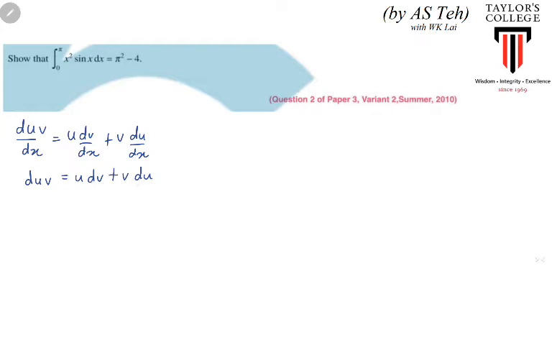So let me make u dv the main part, and we want to look at the integral of this. So the integral of u dv would then be equal to the integral of d(uv), minus the integral of v du. The integral of d(uv) will just return uv, and this part here will be v du. So this is the form of integration by parts.